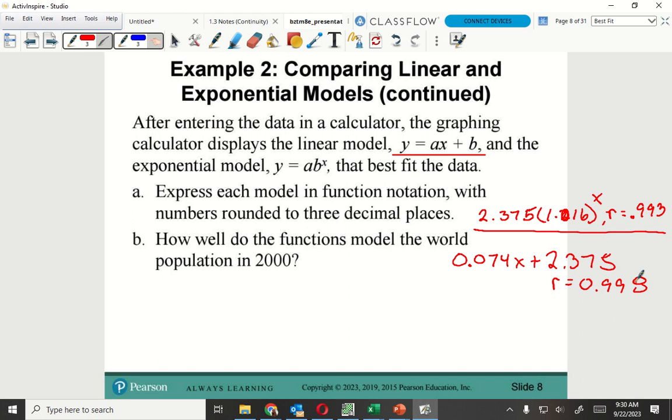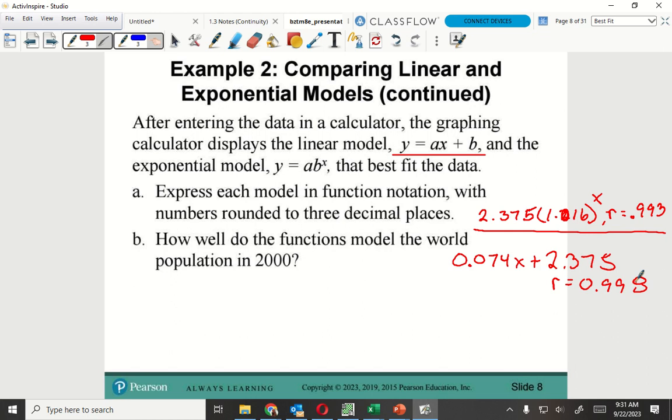And I said, where do I want my answer? It's got to be close to 1, right? I want my answer to be as close to 1 as possible. So I have to look at this and see which one is closer. The linear looks like it's closer, isn't it?